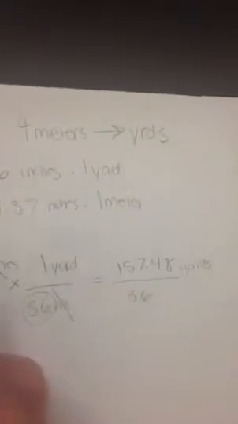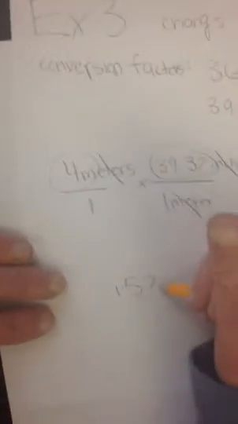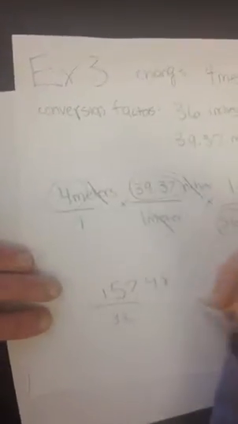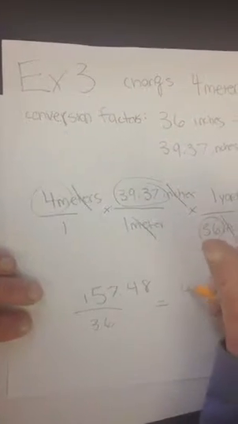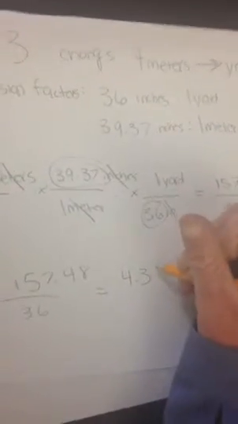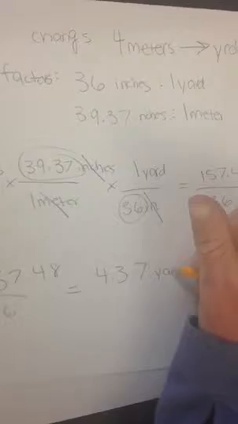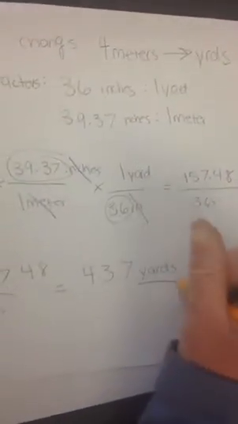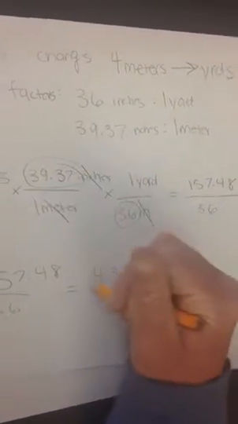Now if you multiply 157.48 by 36, you get 4.37 yards. You want to make sure to include your unit here, else it'll be pretty ambiguous. Alright. Fantastic.